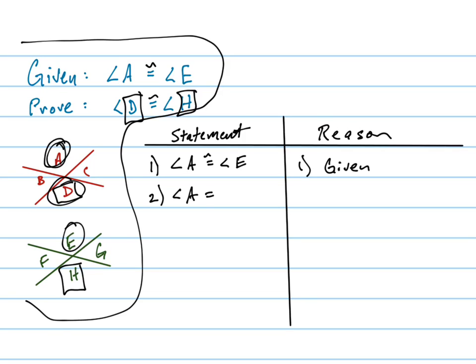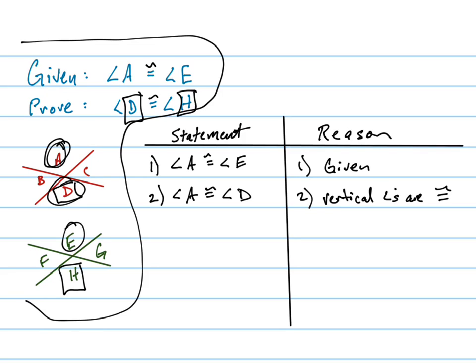Angle A is congruent to angle D, and the reason for that is because vertical angles are congruent. Or you know what, you can write shorthand if you want. Vertical angles are congruent, like that. So I see that angle A equals angle D because vertical angles are congruent.